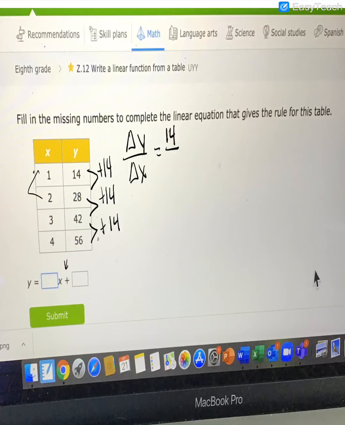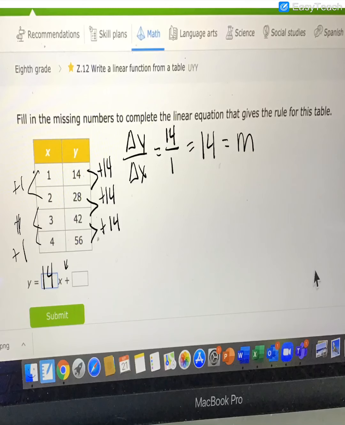Our change in our x value over here, we are adding 1 each time. So our change in x is 1. So we know that our change in y over change in x is 14 over 1. Now, I'm going to pose to you, what is 14 over 1? It's 14. So that means that our slope here is 14. So that's our m, our rate of change, our slope.